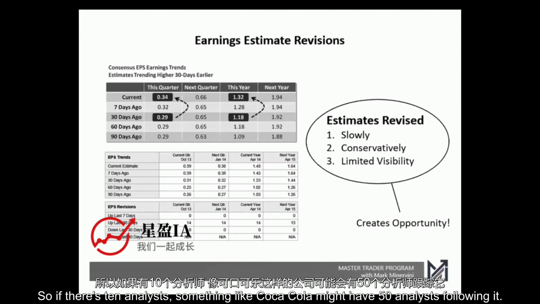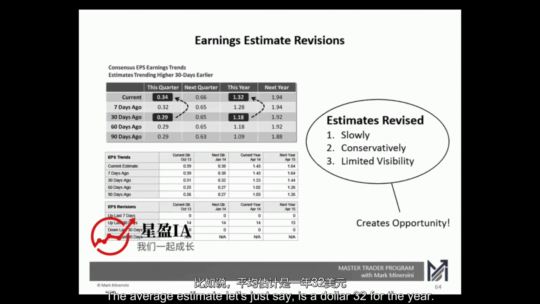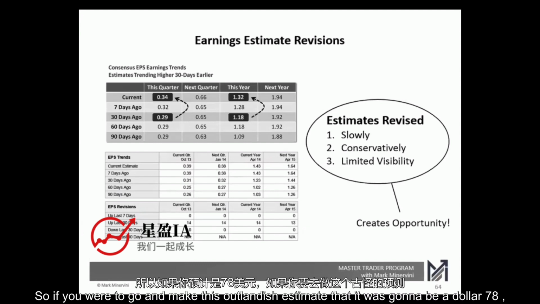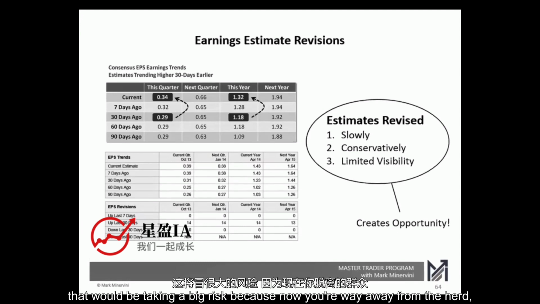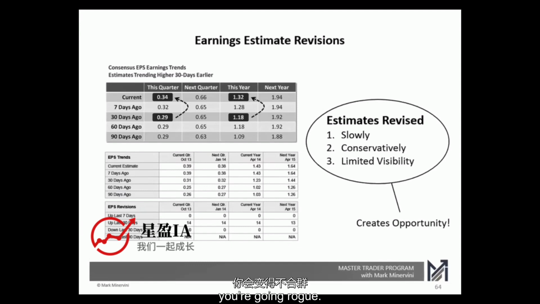So if there's 10 analysts, something like Coca-Cola might have 50 analysts following it. The average estimate, let's just say, is $1.32 for the year. So if you were to make this outlandish estimate that it was going to be $1.78, that would be taking a big risk, because now you're way away from the herd and you're going rogue.